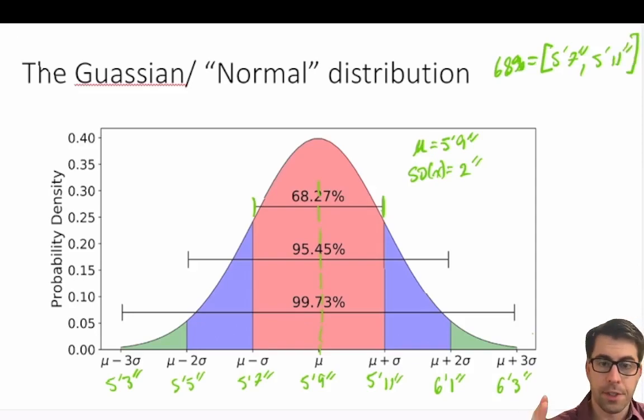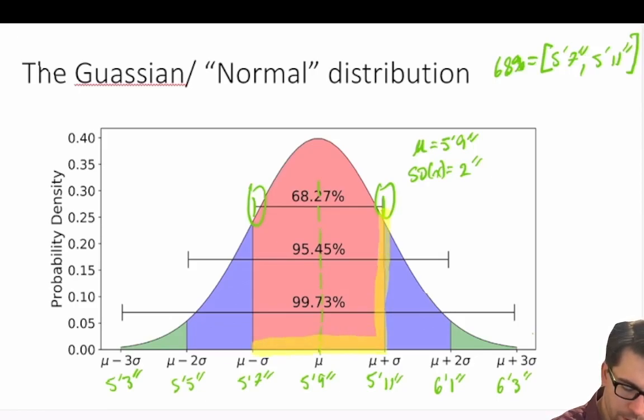The central 68% of our observations are between 5'7" and 5'11". How do we get there? Well, plus or minus 1 standard deviation from the mean, we're going to see the central 68% of our observations. So this pink shaded region here.